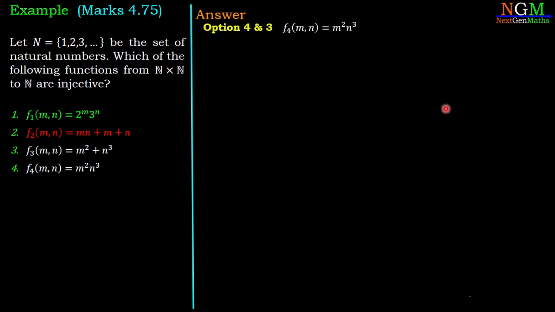Now option number 3 and 4, we will check both options at the same time. So option 4 has function f4(m, n) equal to m square into n cube. We begin with the assumption f4(m1, n1) equal to f4(m2, n2). Therefore, we have m1 square into n1 cube equal to m2 square into n2 cube. If we rewrite, then m1 square divided by m2 square equal to n2 cube divided by n1 cube.